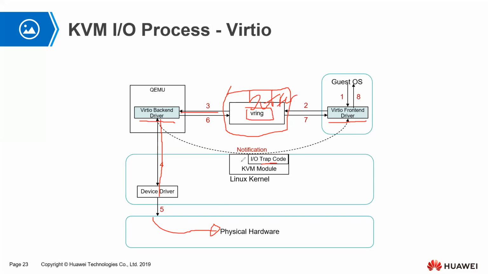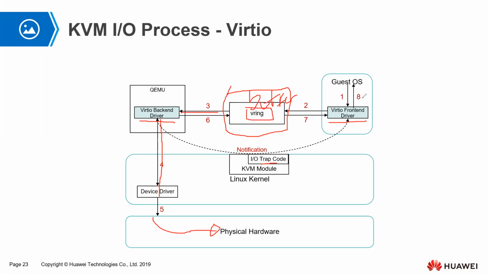The operation is completed by the device driver. After the request is completed, the back-end driver or Kemo gets that and returns the result to the ring buffer, and then KVM will again notify.